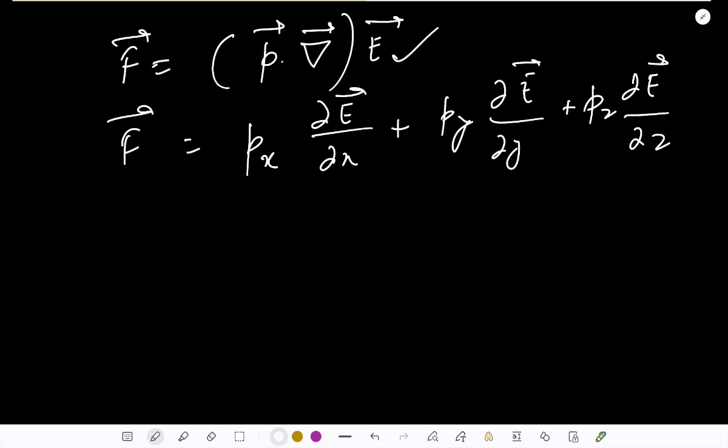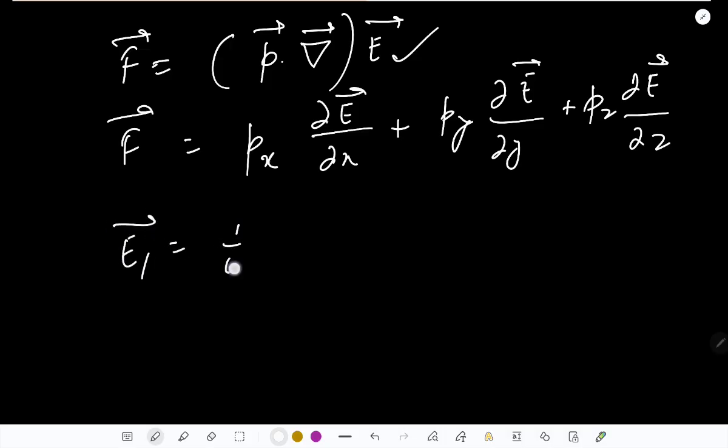So let's determine the force acting on dipole P2 from the dipole P1. The electric field at a distance r from the dipole moment P1 is, let's say, E1.